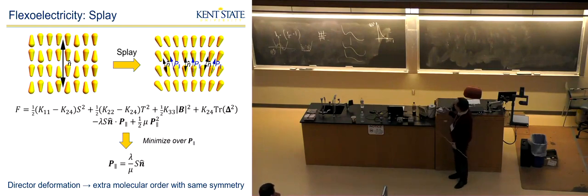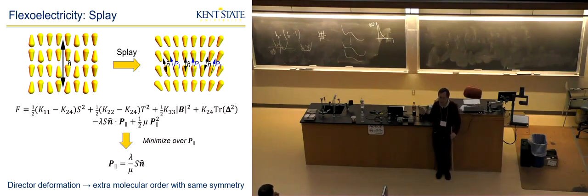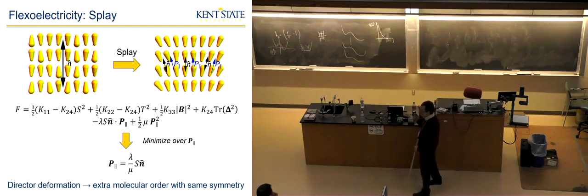Once again, I would say the director deformation induces some extra order with the same symmetry as the deformation. So if this is true for 2 of the 4 modes, maybe you can guess what I'm going to do next, right? What about the other 2 modes? What happens if you apply those deformations?